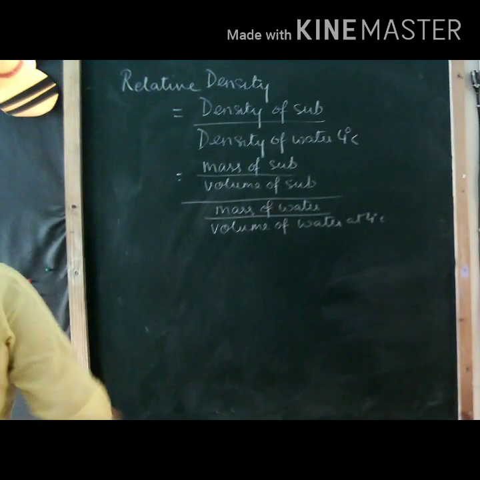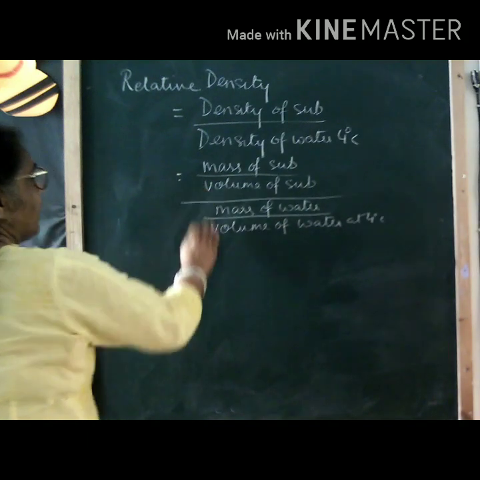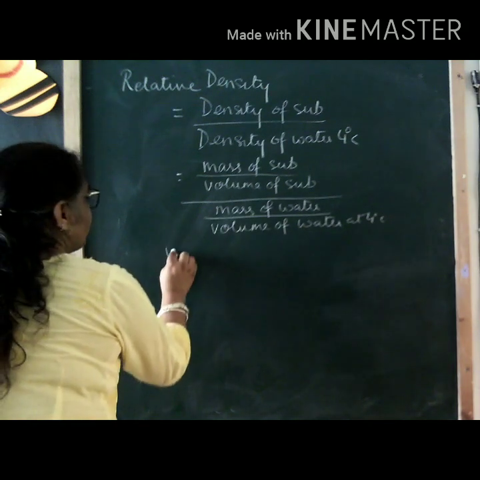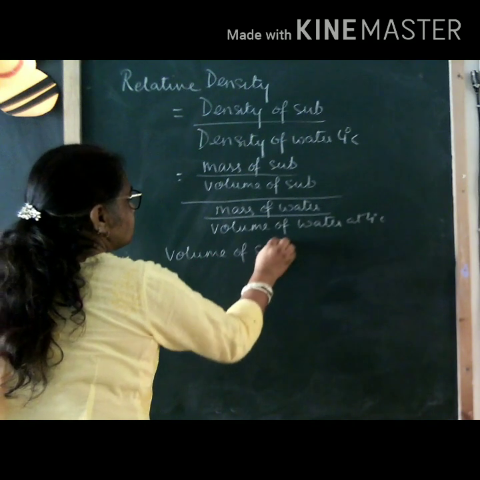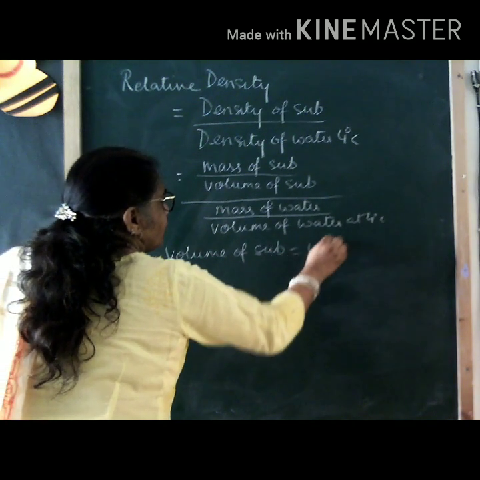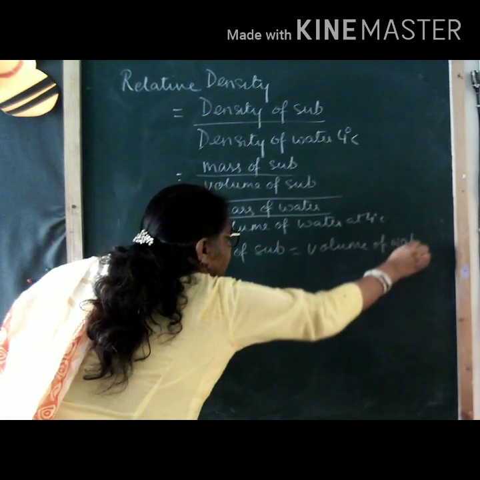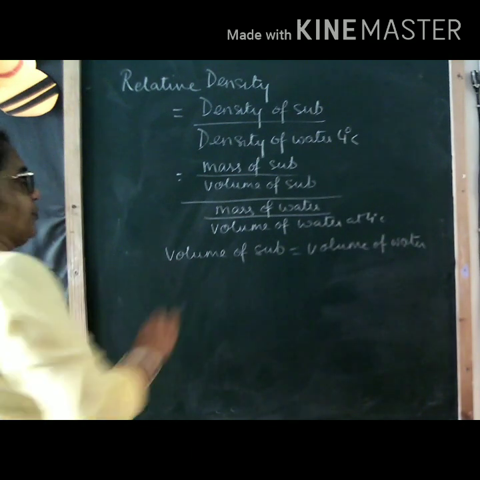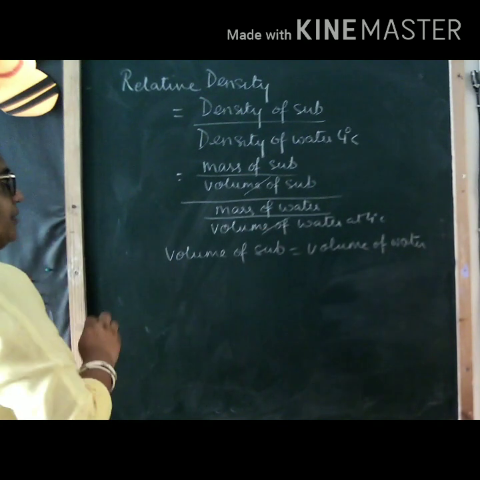Isn't it? Now see, for comparison, we have to have equal things. So we have over here volume of substance is equal to volume of water. Right? That means we will have to consider the same volume of water. So over here, children, this and this will be eliminated.